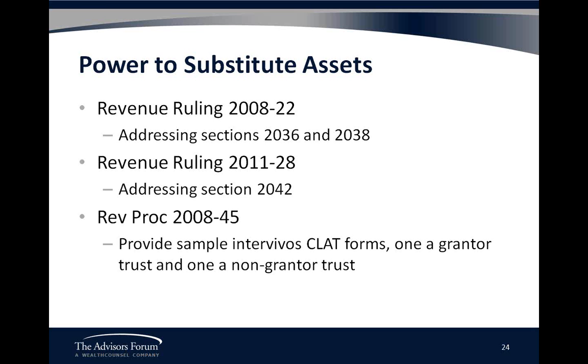But we'll talk about that briefly before we go into these rulings here. Essentially, Revenue Ruling 85-13 is cited, rightfully so, because the IRS cites it for the proposition that you can sell assets to a grantor trust, and it will be completely disregarded for income tax purposes. This is one of the cornerstones of the sale to the defective grantor trust. This ruling was also cited by the IRS recently. I think it was a private letter ruling.